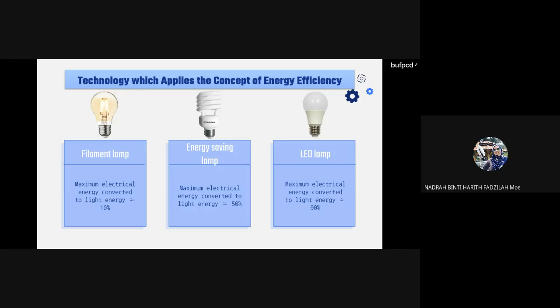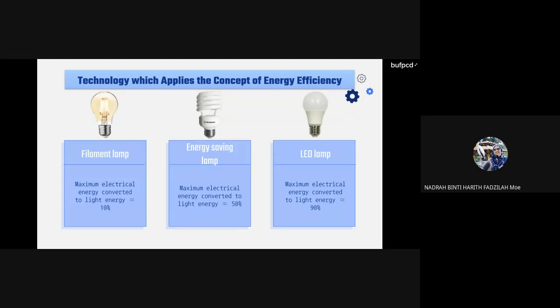We are choosing between filament lamp, energy saving lamp, and LED lamp. When we look at the energy efficiency, 10% for filament, 50% for energy saving lamp, and LED lamp has the highest energy efficiency, which is 90%. So of course, if we want to decide on which appliance to use, we will be using LED lamp lah, as it is the most energy efficient.